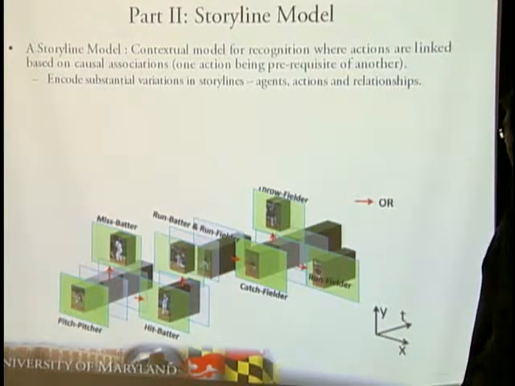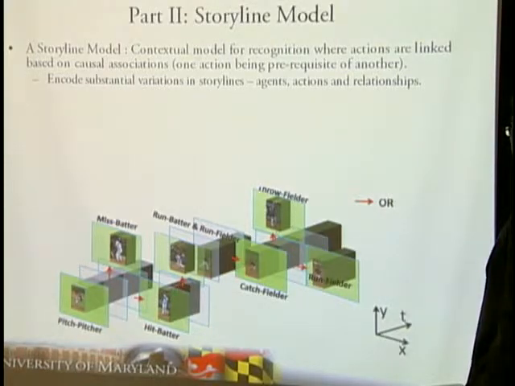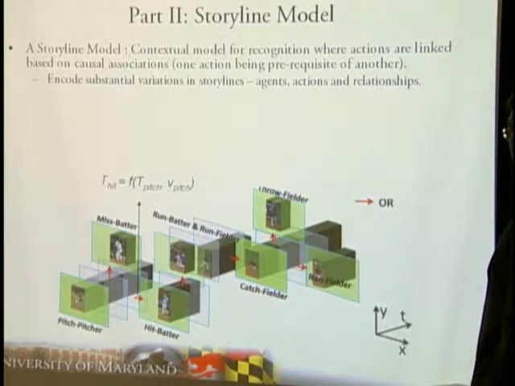That is, one action being a prerequisite of another. For example, I would like pitching and hitting to be linked by an edge because pitching is a prerequisite of hitting. That is, for someone to hit a ball, someone should have pitched the ball. Furthermore, the parameters of the hit, that is the time of hit, physically depend on the parameters of the pitch, the time of pitch, and the velocity of pitch.